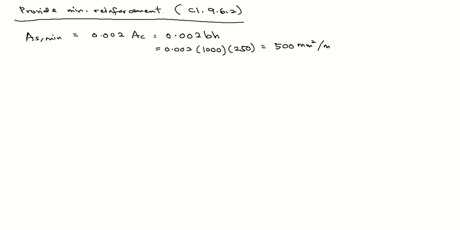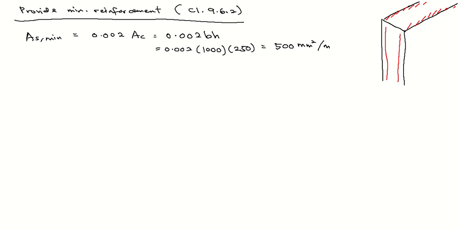But for a shear wall, you need to provide reinforcement at both surfaces. You have this surface and you also have this surface. So you will have to provide reinforcement at both sides.